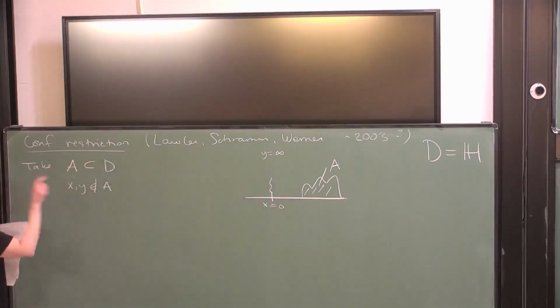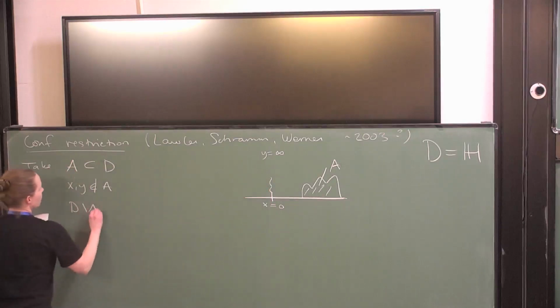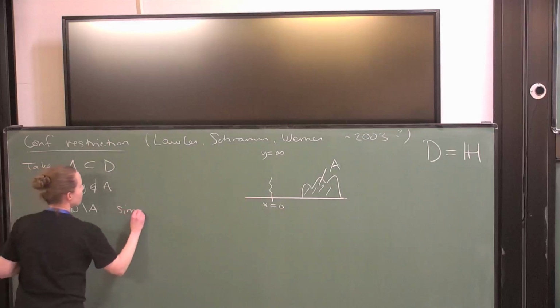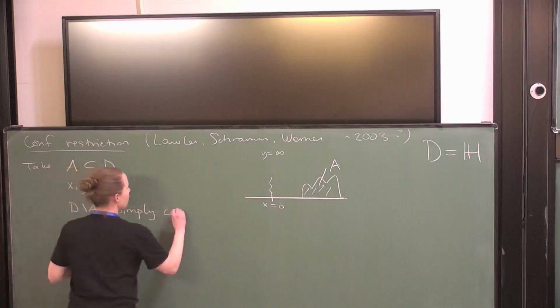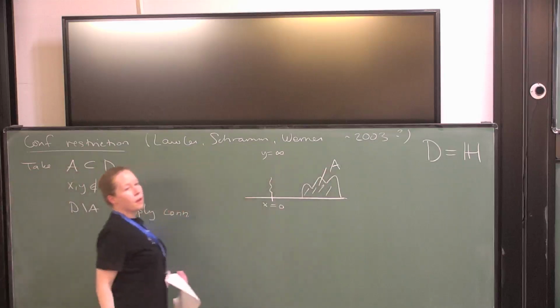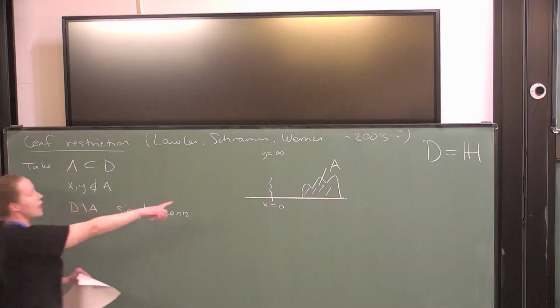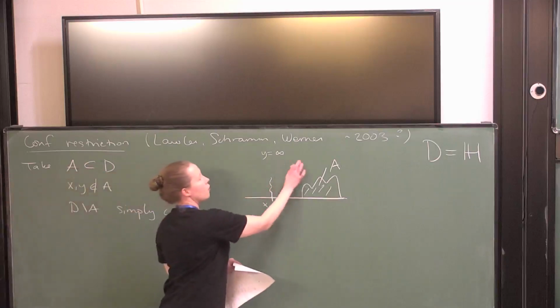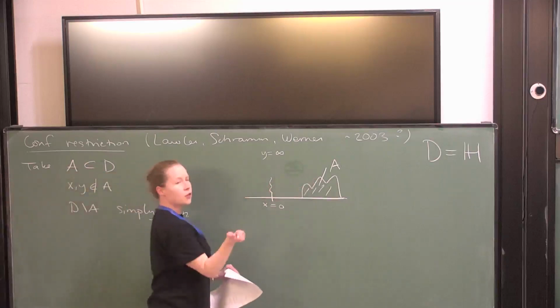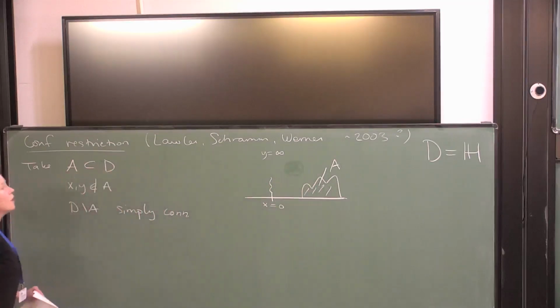And I also want for this discussion that the complement is simply connected, like I drew here, the complement of A. If you want to do stuff, say in an annulus, then you can imagine this A is a hole. And I think the same idea works, modulo technical trouble.